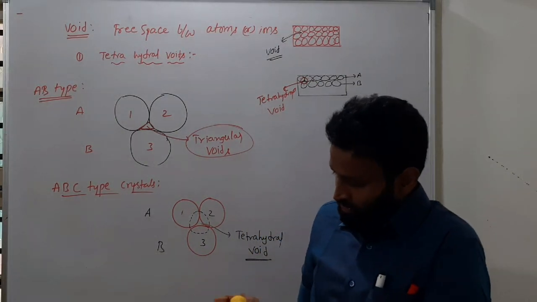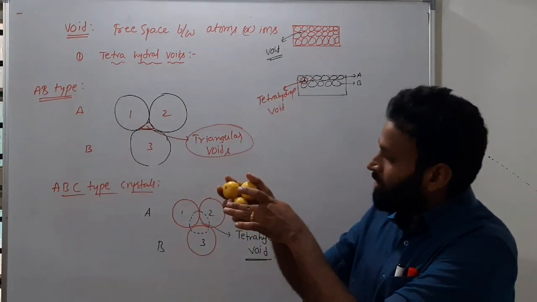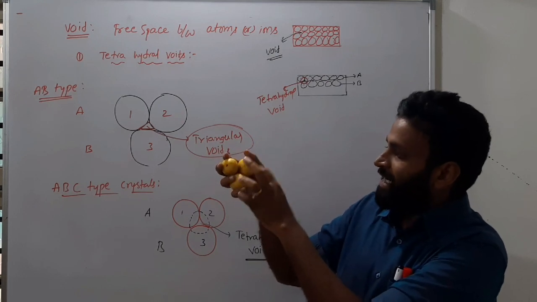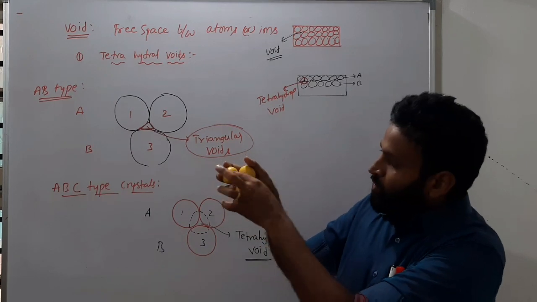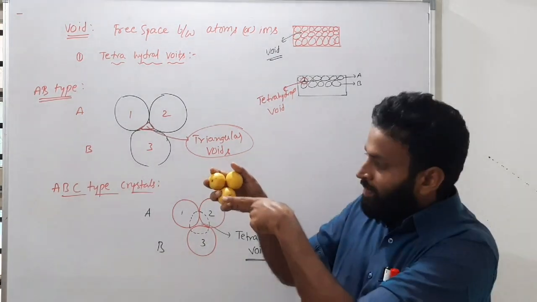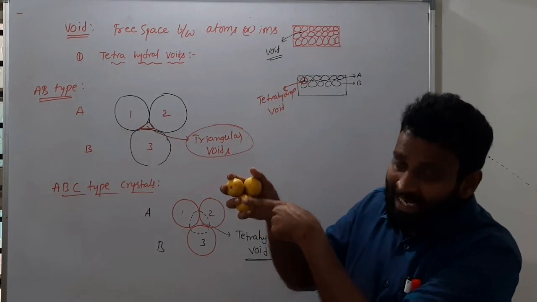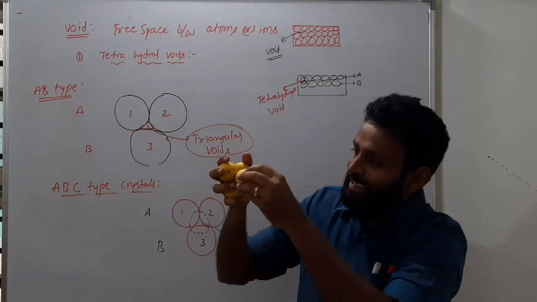This is the first sphere, this is the second sphere, and this is the third sphere. These two lemons belong to the first layer. This one belongs to the second layer.